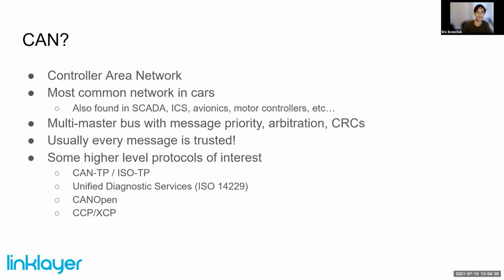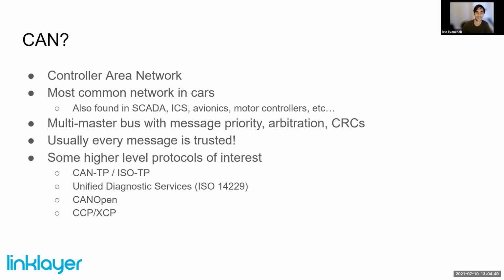And it's also a multi-master bus. This makes it quite a bit different than a lot of those types of systems, because there is no single master controller that you need to rely on. You can have a bunch of different controllers, and all of them are able to talk, even if one of them drops off the network.